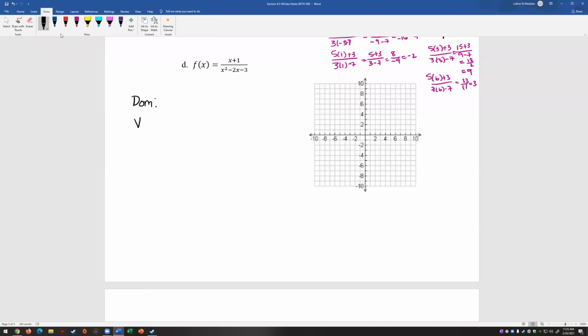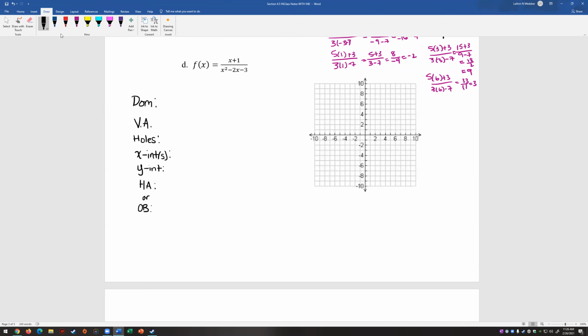We wanted to know if there were vertical asymptotes or holes. We also wanted to know if there were x-intercepts, a y-intercept, and then horizontal or oblique asymptote. Remember, you can only have one of those two types because that has to do with the relationship of the degree of the numerator and the degree of the denominator.